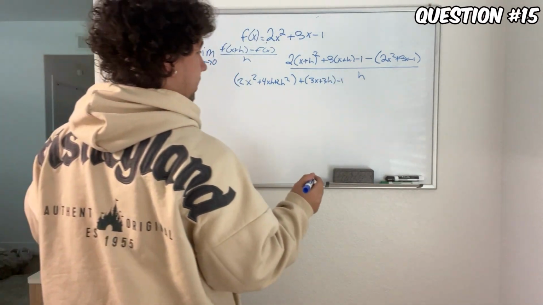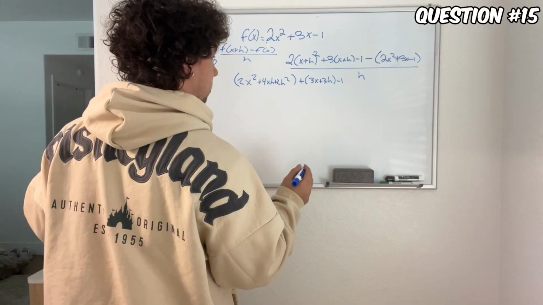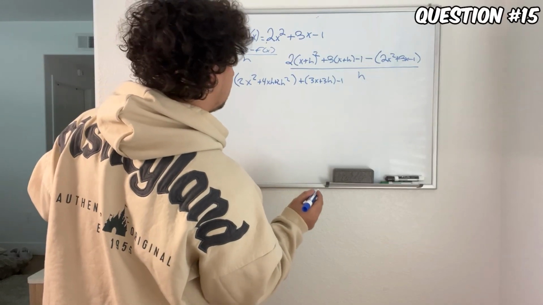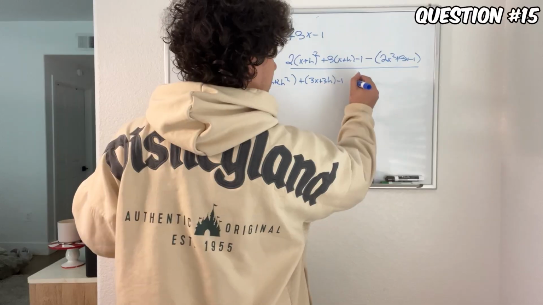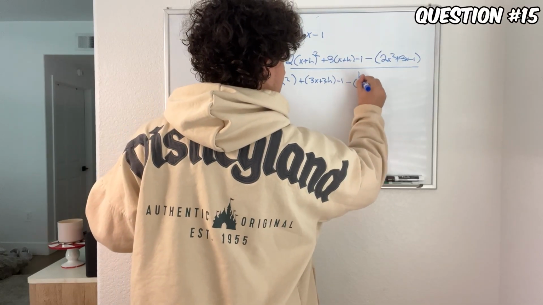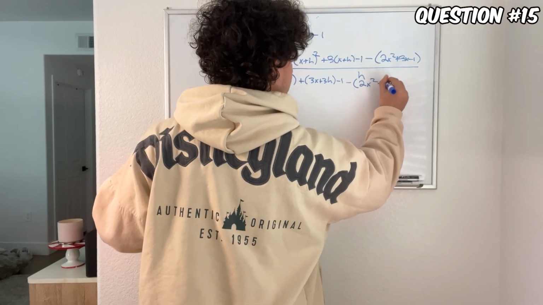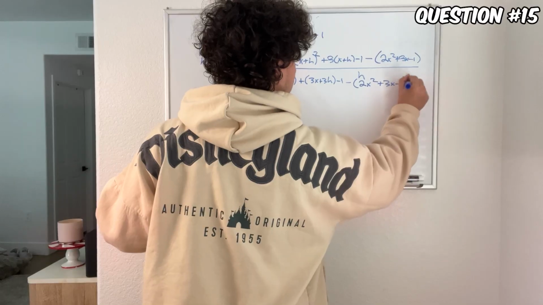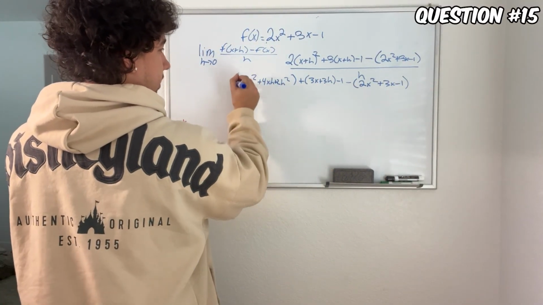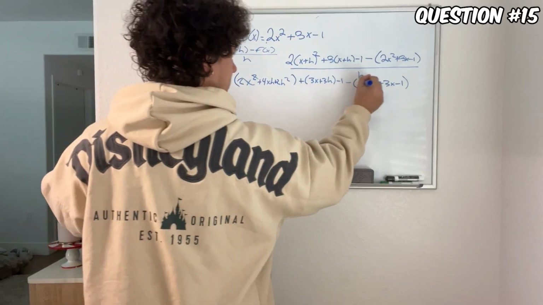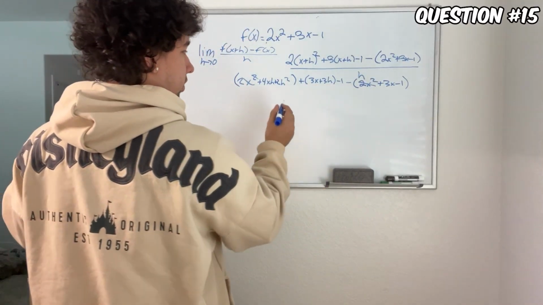Okay, now let's start combining like terms here. Can I? Please God, can I? Looks like I can't. All right, well, whatever. So subtract 2x squared plus 3x minus 1. Okay, now I can start doing stuff. Look at this, the 2x squareds are going to cancel out. All right, what about anything else?